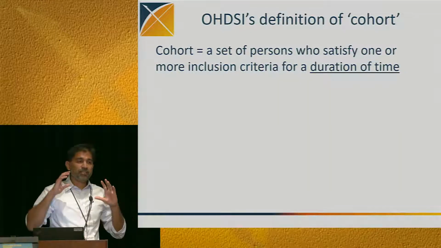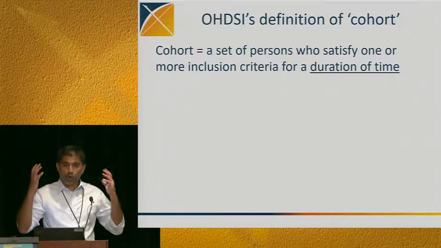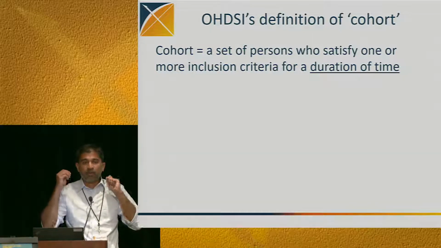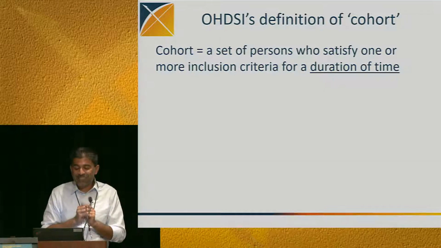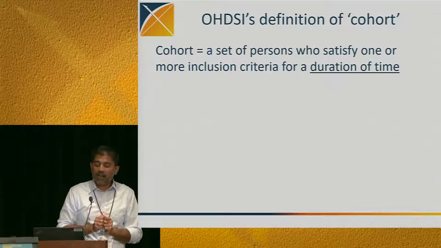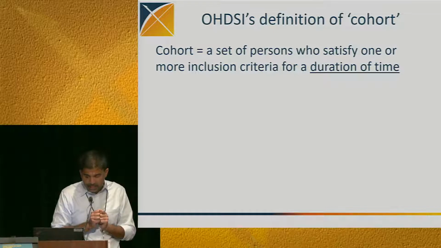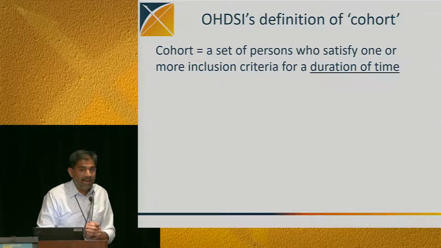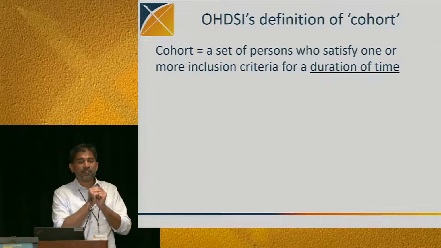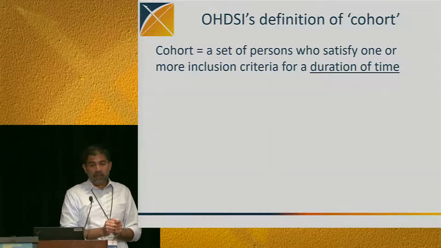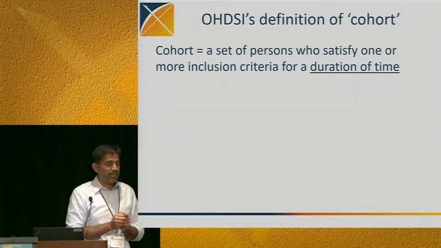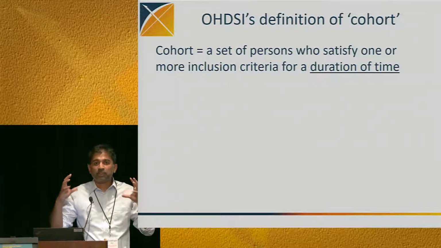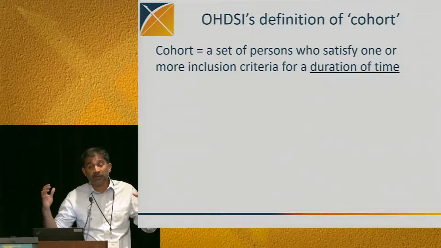So going back to the idea of cohort. In OHDSI, the formalized definition of a cohort is a set of persons who satisfy one or more inclusion criteria for a duration of time. The key here is the duration of time. A phenotype was defined as an observable attribute about a person that can change over time.